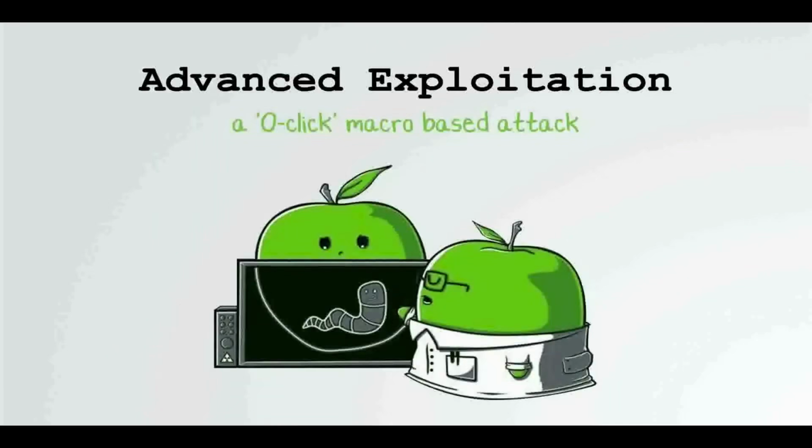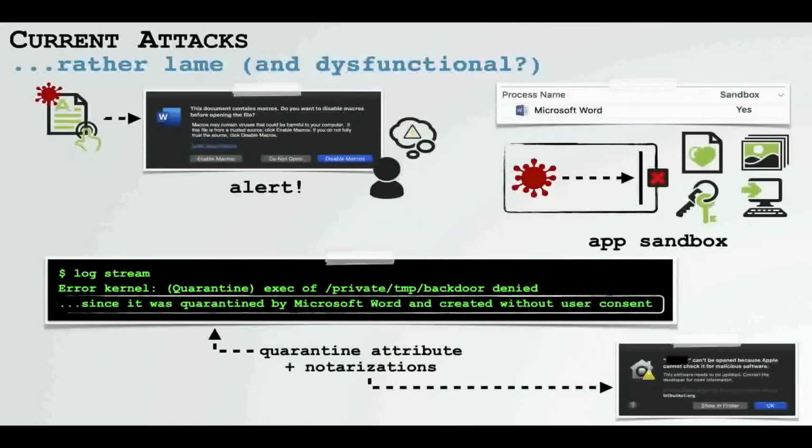So that's an overview of recent macro-based attacks against macOS, which gave us, I think, a pretty thorough understanding of the status quo. Now let's talk about a new zero-click macro-based exploit chain. And you might be wondering, why should we do this? Well, all current macro-based attacks, in my opinion, are super lame.